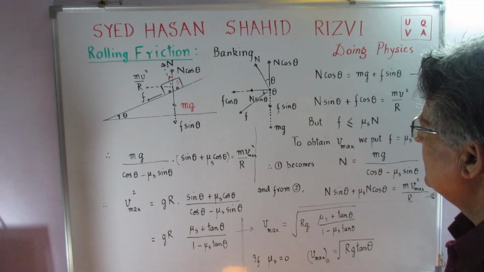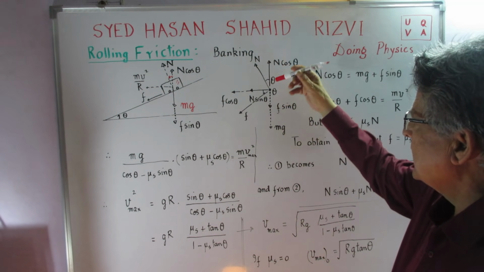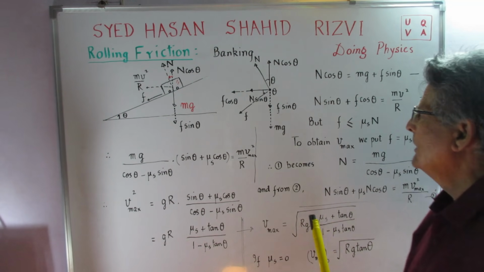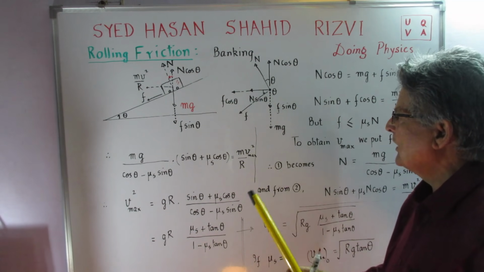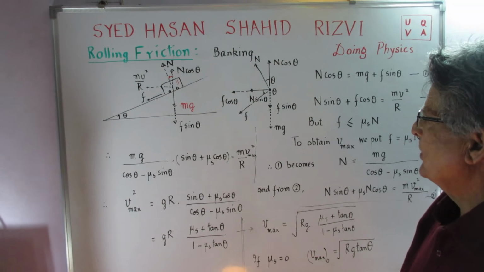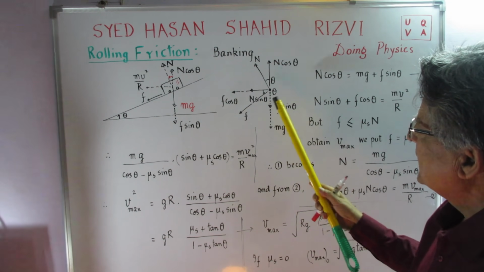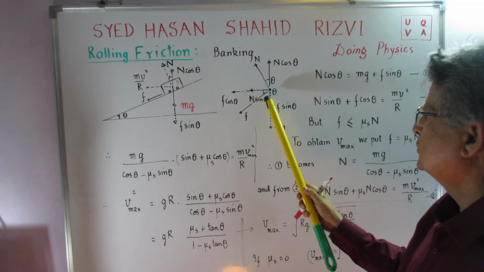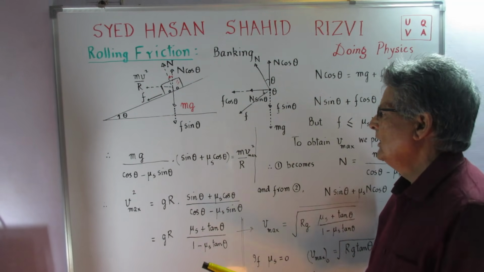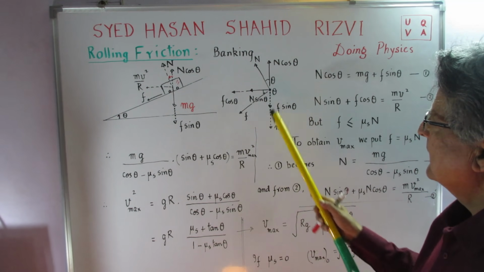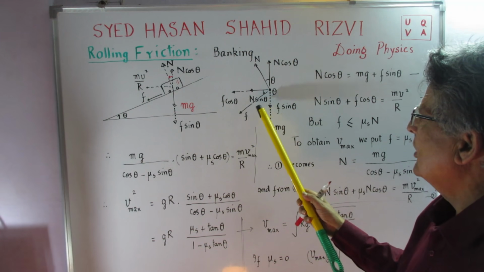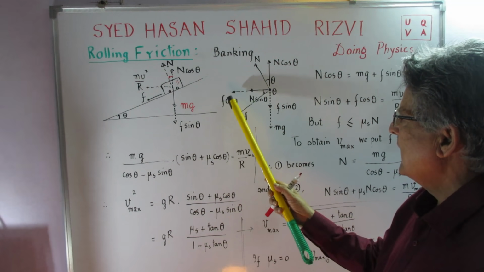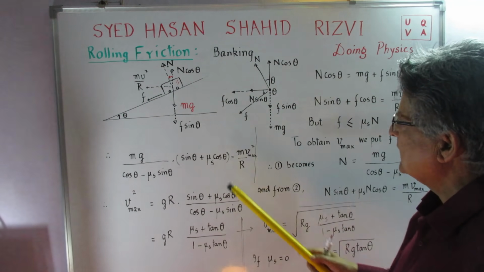Okay, so look here, when we resolve these forces, N is resolved in one part as N cos theta. I have this angle also equal to theta, and this angle is also equal to theta. So the angle between this and this is 90 degrees, and also between this and this is 90 degrees. So there is N sin theta, actually N cos of 90 minus theta, or pi by 2 minus theta, in this direction, and this is also fs cos theta in this direction.